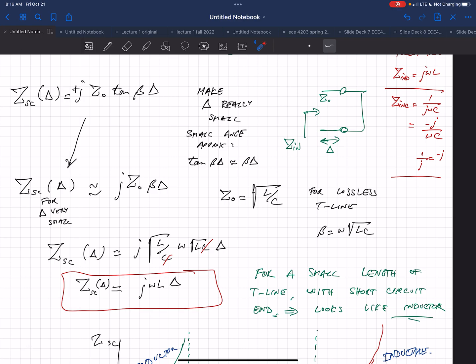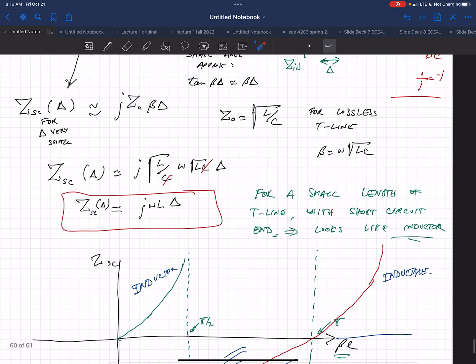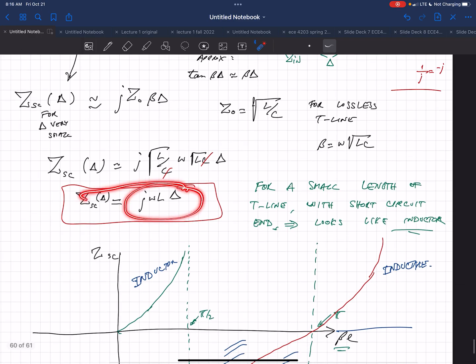If I have some transmission line with a characteristic impedance that has an inductance per unit length of L, I can take different lengths of that transmission line, short the end, and by changing that length, I can get different inductances.